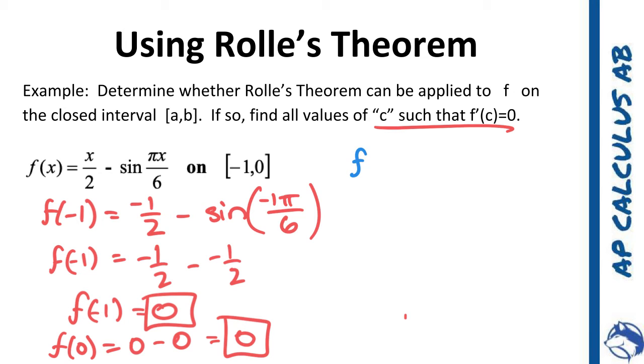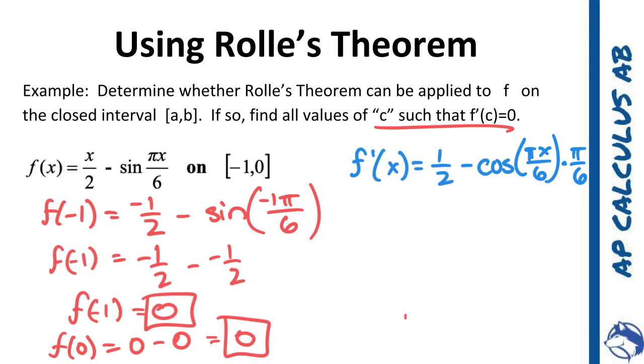In order to do that, let's take the derivative. So f prime of x is equal to, well, that's like 1/2 x to the first power, or just 1/2. And the derivative of the sine is going to be the cosine of what's on the inside times the derivative of the inside. So that would be pi over 6.